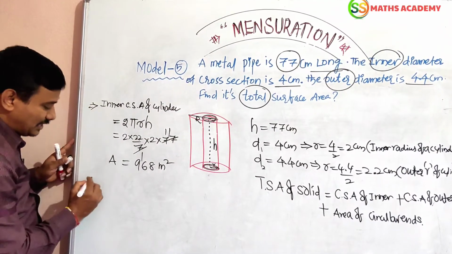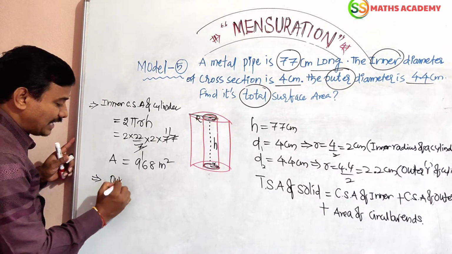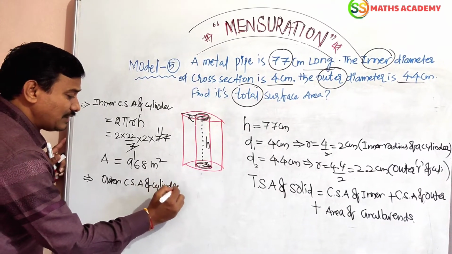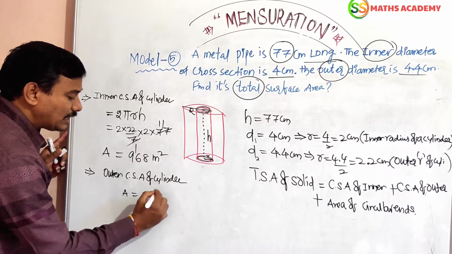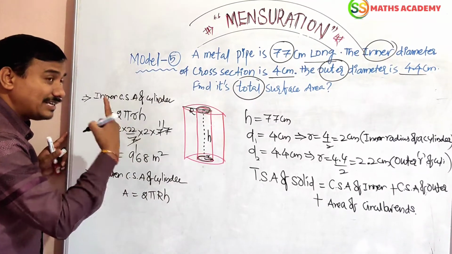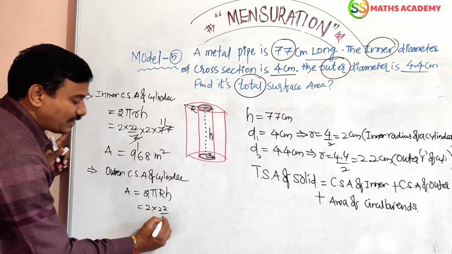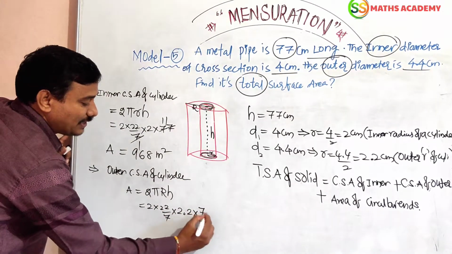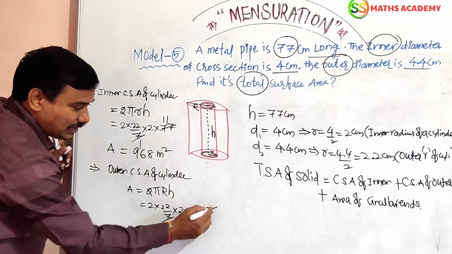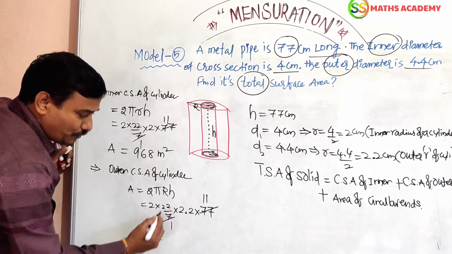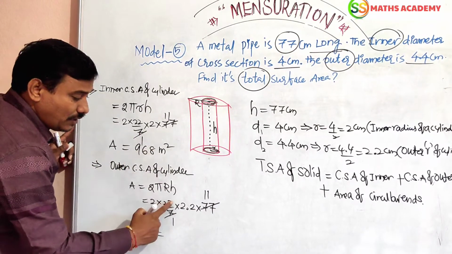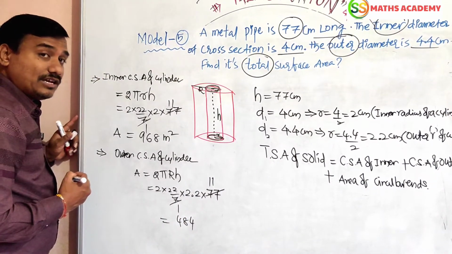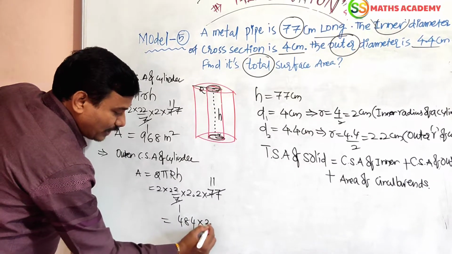Next, the curved surface area of the outer cylinder. The same formula we should apply, 2 pi capital R h, because capital R is the outer radius. Now 2 into 22 by 7, outer radius is 2.2, into height 77. 7 ones are 7, 7 elevens are 77. 2 into 22 is 44, 44 into 11 is 484, 484 into 2.2.